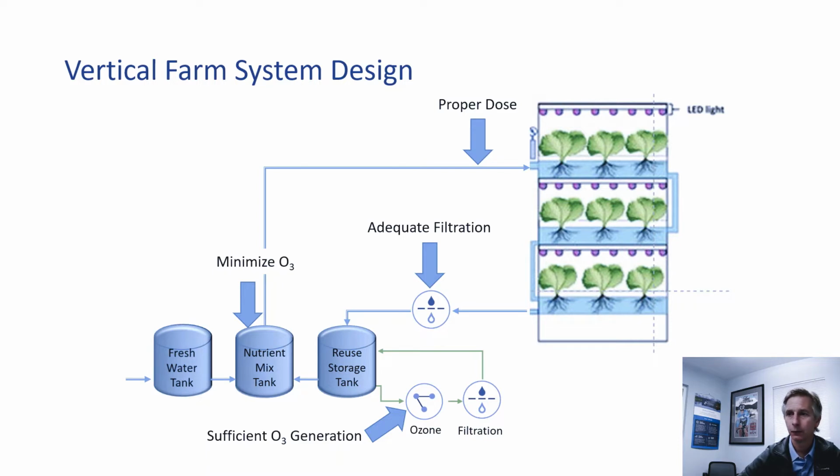After the filtration, the water goes to the reuse storage tank, and here it's important to dose a sufficient amount of ozone so that you have effective disinfection of the system. We've seen many farms that start with too low of a dose or too small of an ozone generator, and there's no way to catch up or recover from any type of system outbreak.